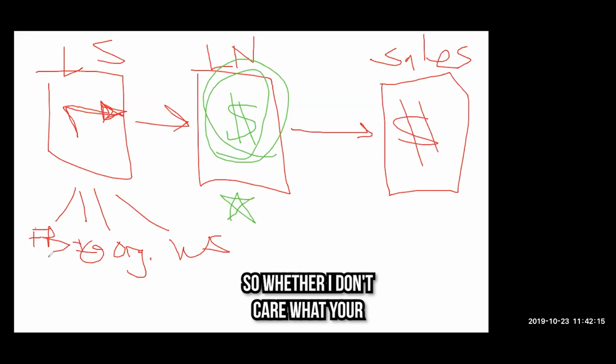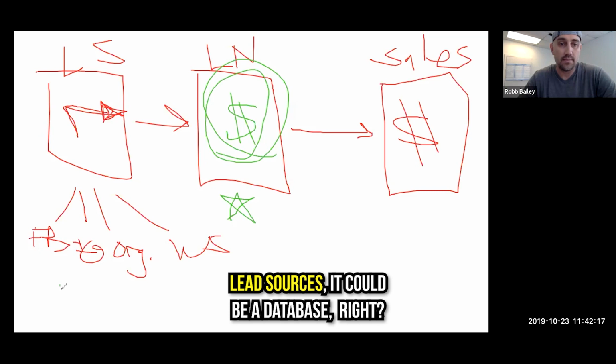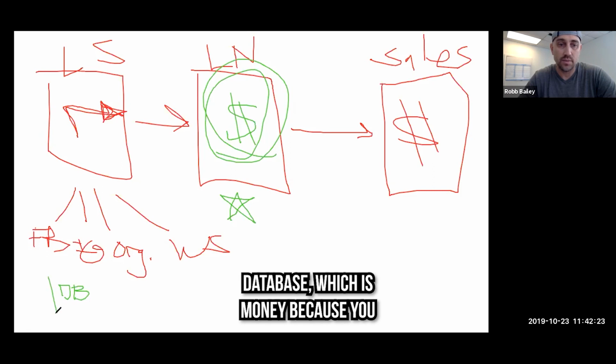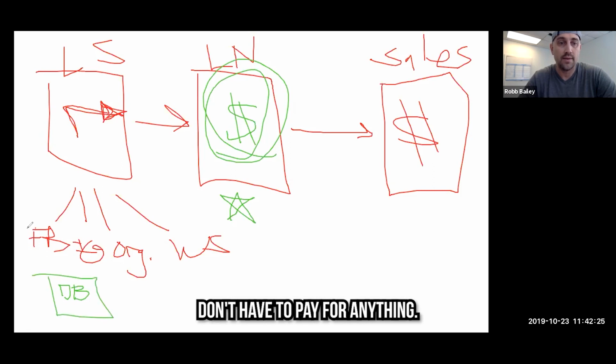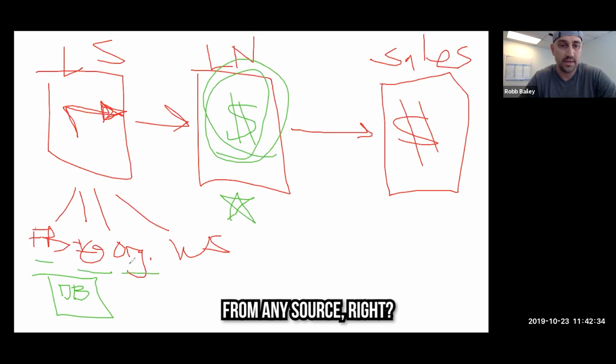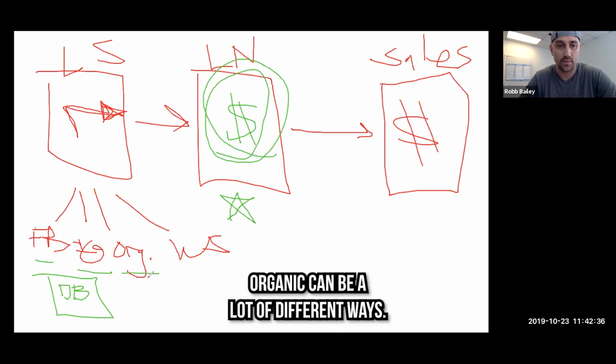I don't care what your lead source is, it could be a database, right? That's a strategy we teach, taking the client's database, which is money because you don't have to pay for anything. But the source does not matter. You can connect this to any lead source: Facebook ads, Instagram ads, organic traffic from any source. Organic can be a lot of different ways.